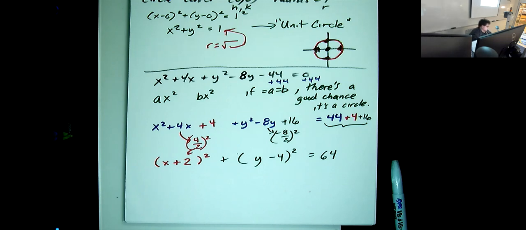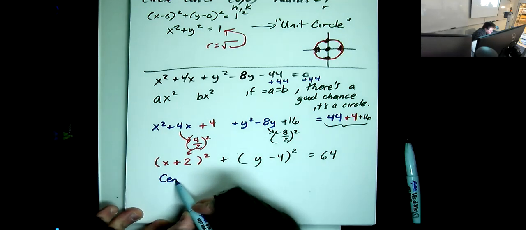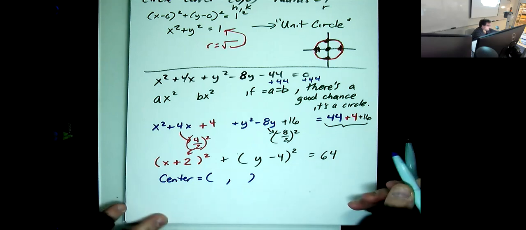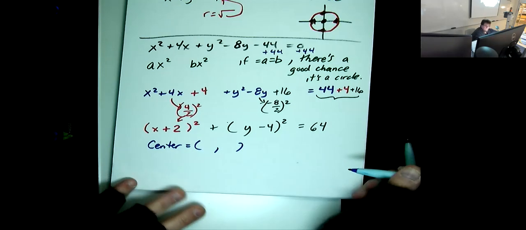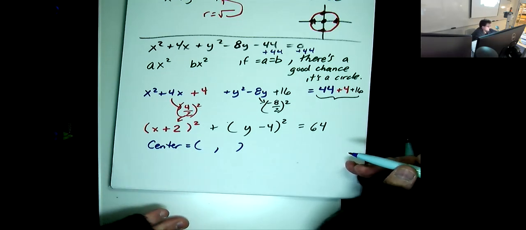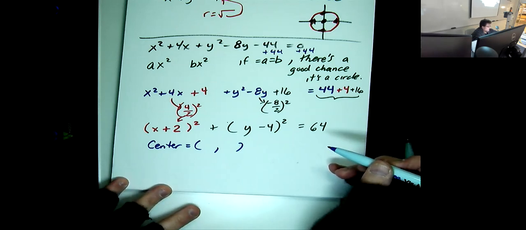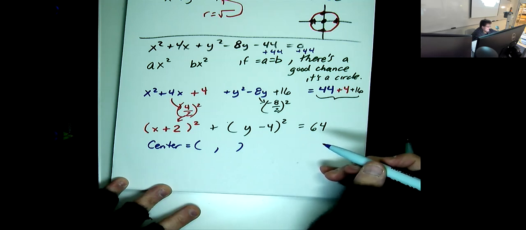So, where's the center? You want to say 2, -4, don't you? That's not it though.